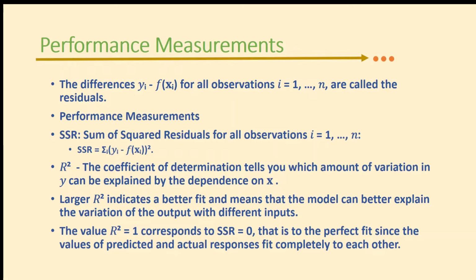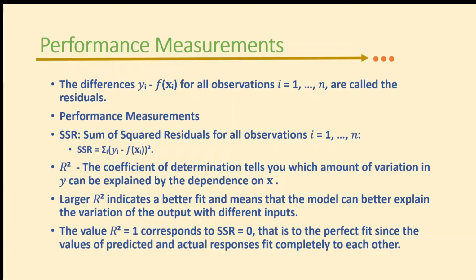Now, when we are determining the measurement of the performance, we are not considering the sign, that is, whether the residual value is positive or negative. We are only concentrating on the magnitude. We are not interested in direction, whether it is positive or negative. To overcome this, we square the value, so the sign can be eliminated.